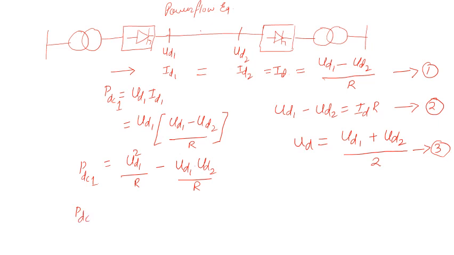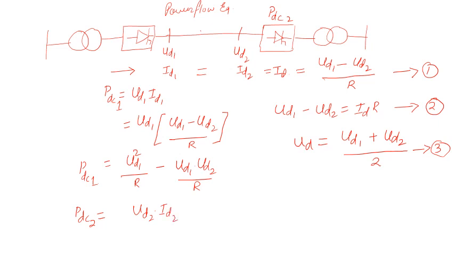Similarly, if we need to find PDC2, that is the power at this end, it is UD2 into ID2, right? So just multiply it.